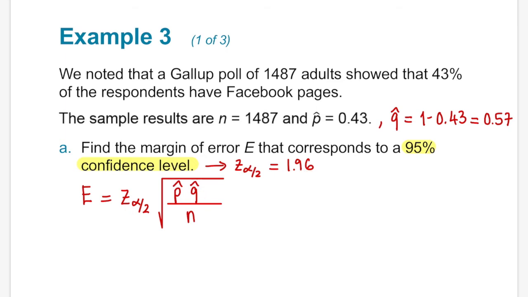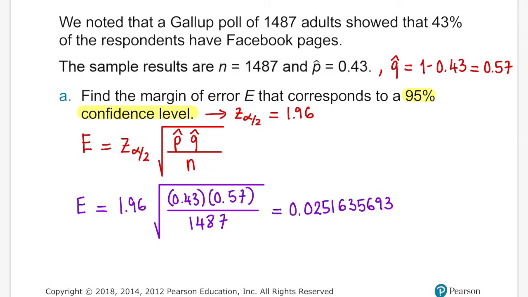All I do is just plug the numbers in here, and I get 0.0251635693. There was no instruction here, so I'm going to round it to 3 significant figures, which is 0.0252.